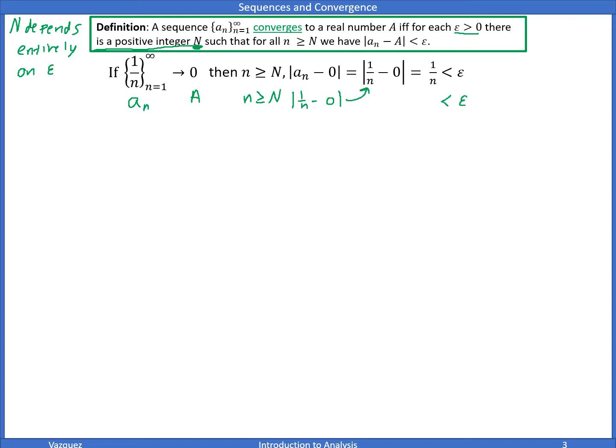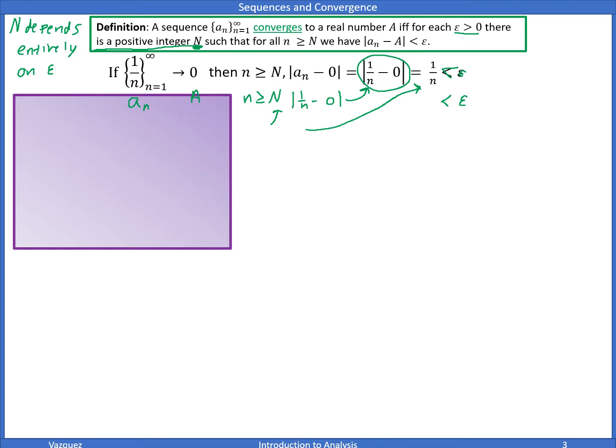That's what our definition says. But again, what does this mean? That means that given any epsilon, we can find this N here to make this come true, this to be less than epsilon. Again, it may be a bit hard to see what I'm trying to say.